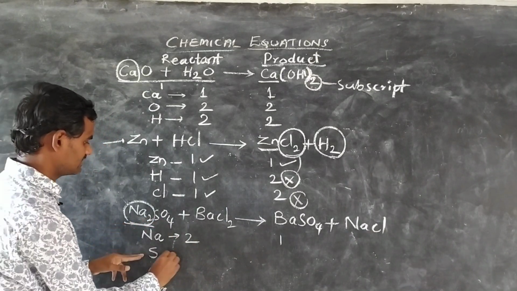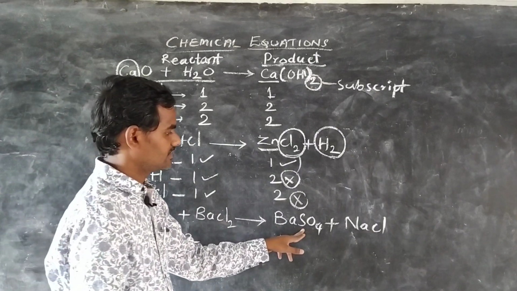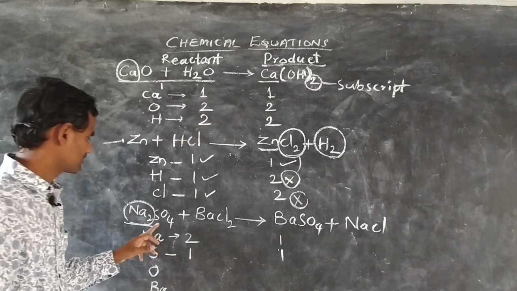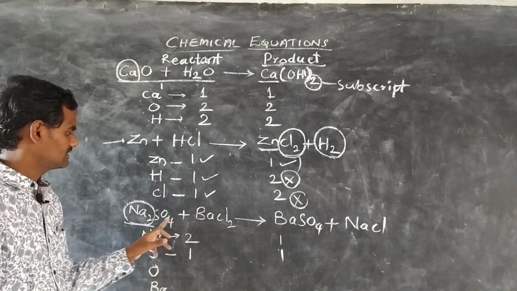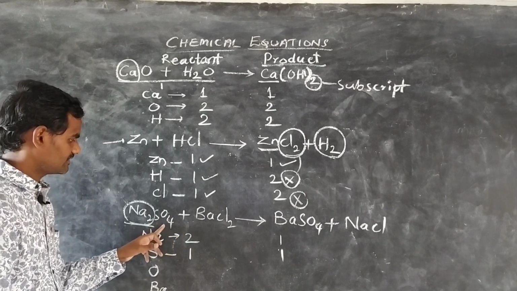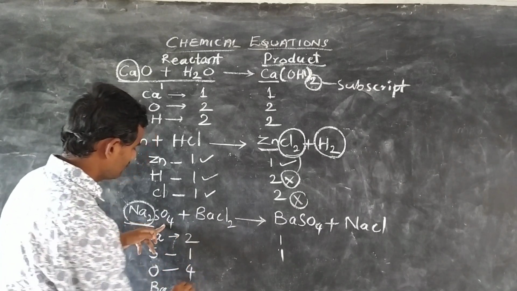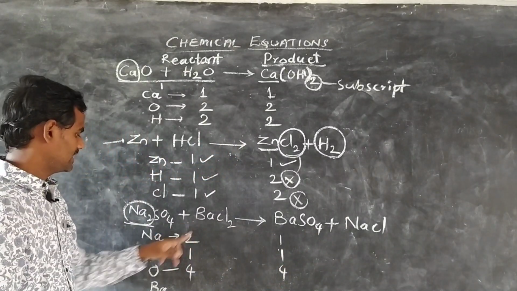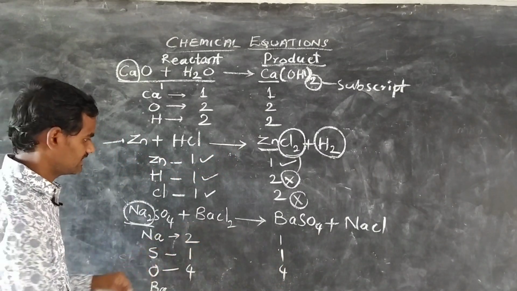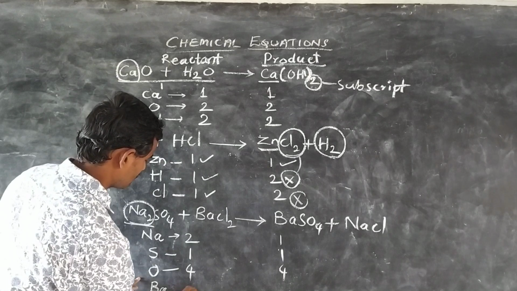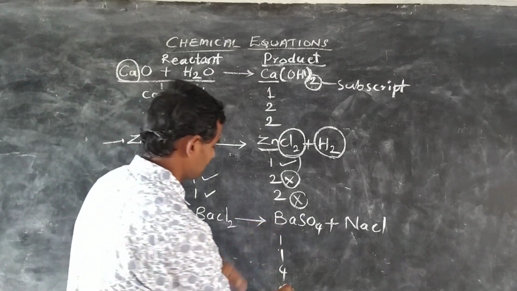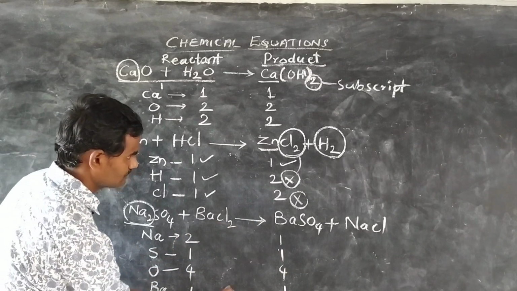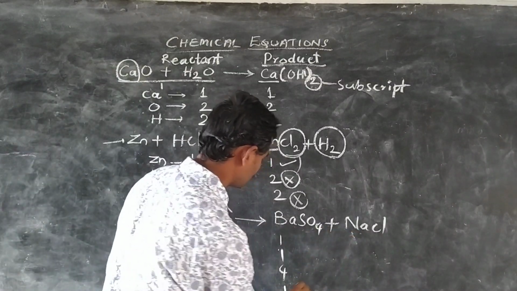Sulfur on the reactant side is 1, sulfur on the product side is also 1. Next, oxygen on the reactant side or left hand side is 4, and here also 4. Next, barium on the left hand side is 1, barium on the right hand side is also 1. Chlorine on the left hand side is 2, chlorine on the right hand side is 1.